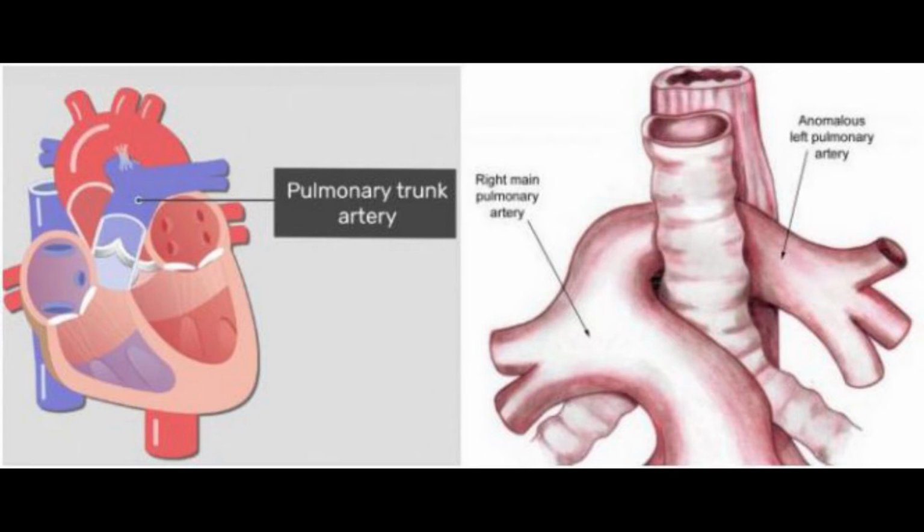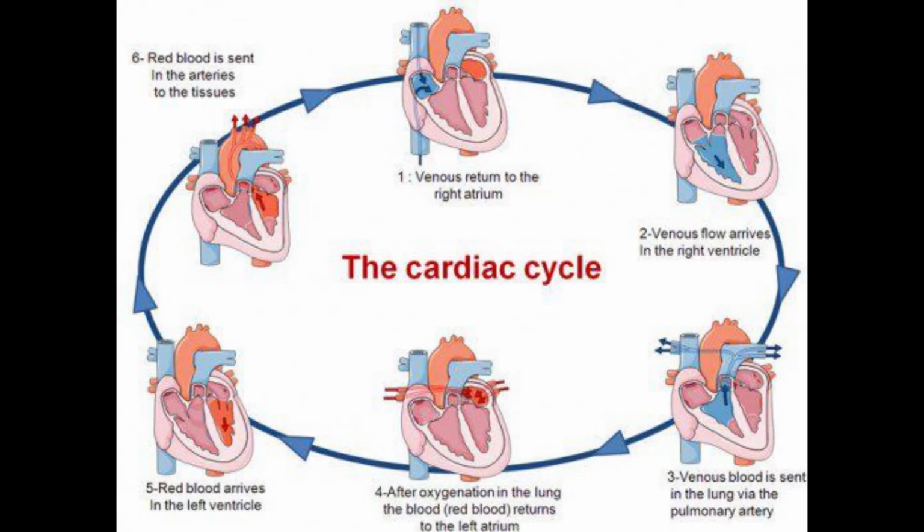From the right auricle, the blood passes to the right ventricle, and from there through the pulmonary artery, it reaches the lungs for oxygenation. In this way, by continuous contraction and relaxation of auricles and ventricles, the cardiac cycle occurs.